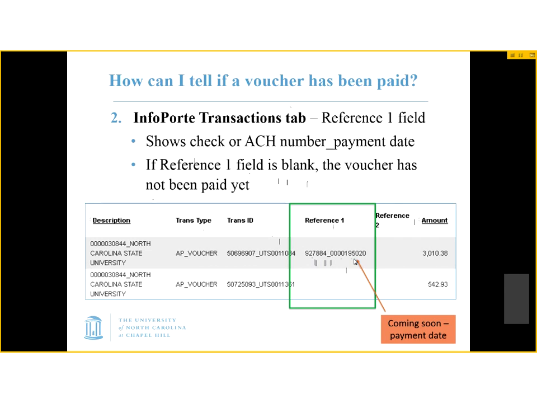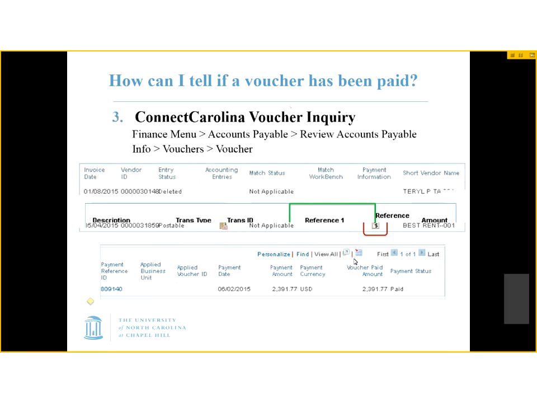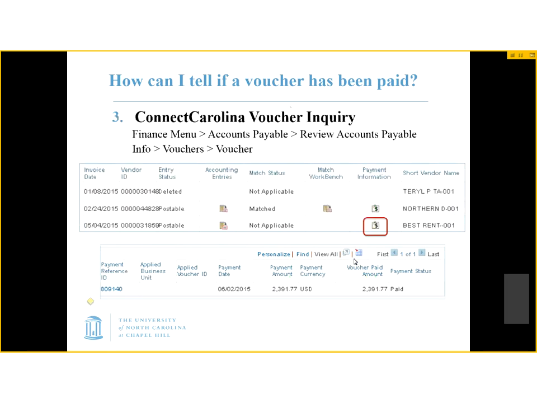All right, so that's the second way to see payment information. So far we've got the 2 queries and then the InfoPort Transactions tab. And then the third way is the voucher inquiry page in Connect Carolina, which is a very nice page because it allows you to search for as many or as few vouchers as you want.